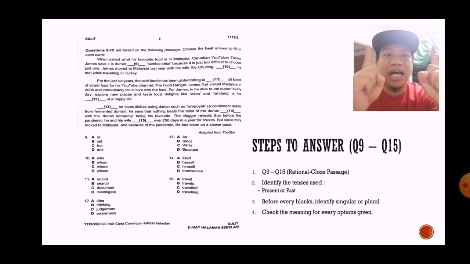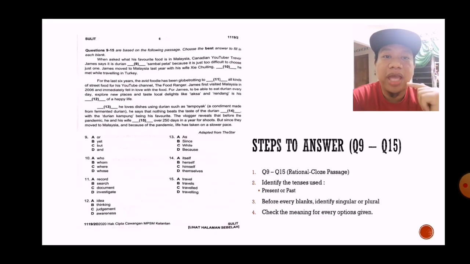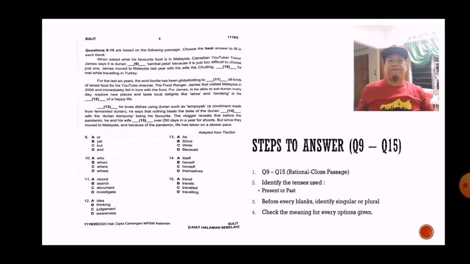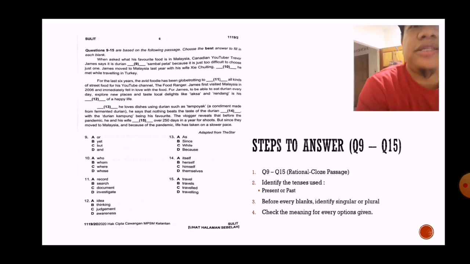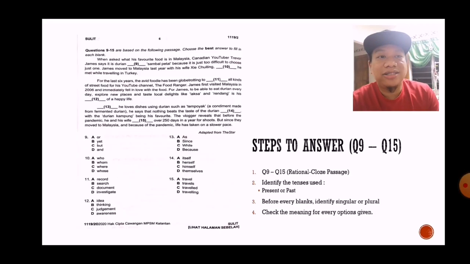So when there are two different ideas, of course the answer must show the difference between durian and sambal petai. So A, B, C, D, which one shows the difference? Of course it is A. A is or. Or means atau. So the answer is A.